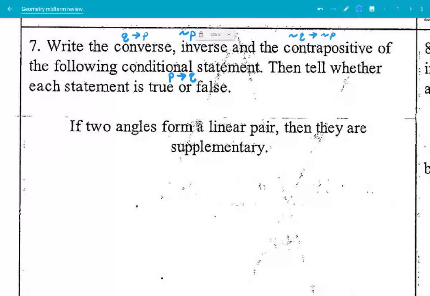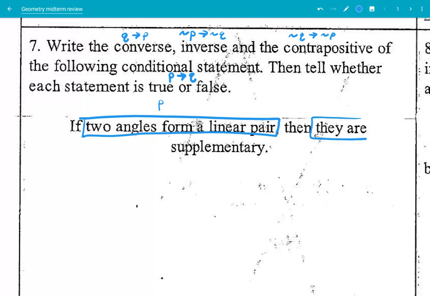If two angles form a linear pair, then they are supplementary. Here is the P, and here is the Q. So there's a conditional statement. Write the converse. Well, that's just flipped.